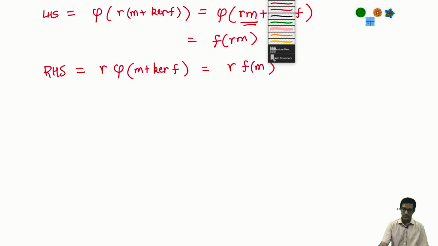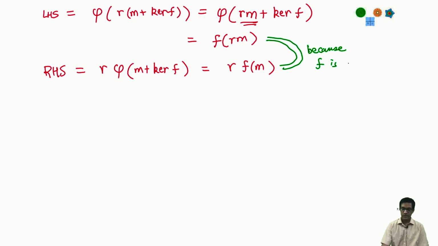Now observe that r acting on Fm and F of rm are actually equal to each other, because F is in fact a homomorphism of R modules. So we are done, proved. That completes the proof of the first isomorphism theorem.